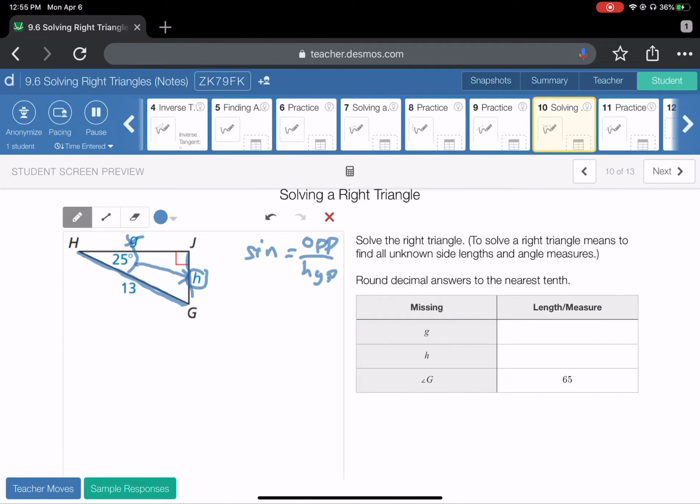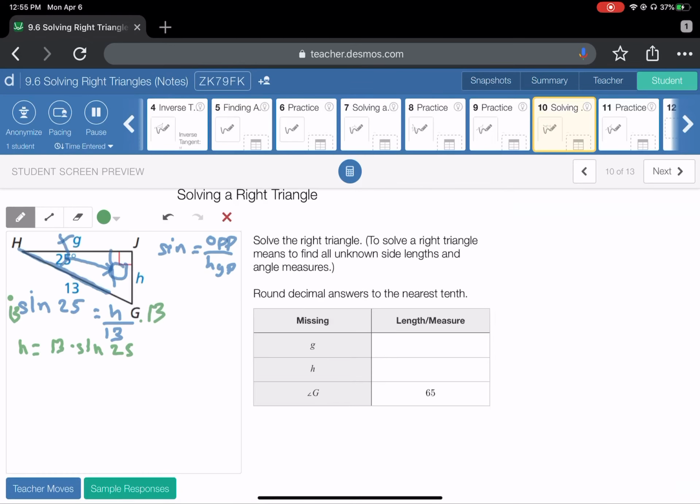So then what I'm going to do here to find h is say, well, the sine of 25 degrees is equal to opposite h over hypotenuse 13. Now all we have to do is solve for h. If I multiply both sides by 13, I'm going to get h is equal to 13 times the sine of 25.